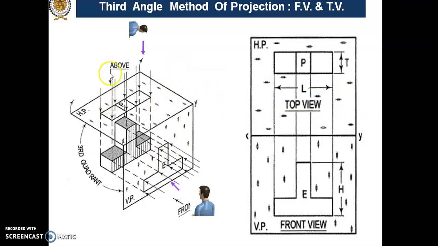Yes, this top view will move above the reference line like this, which appears on the horizontal plane, and the front view will appear exactly below the top view and below the XY line also, and the front view appears over here on the vertical plane.